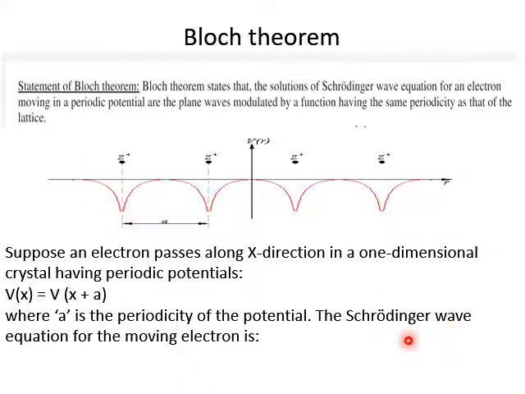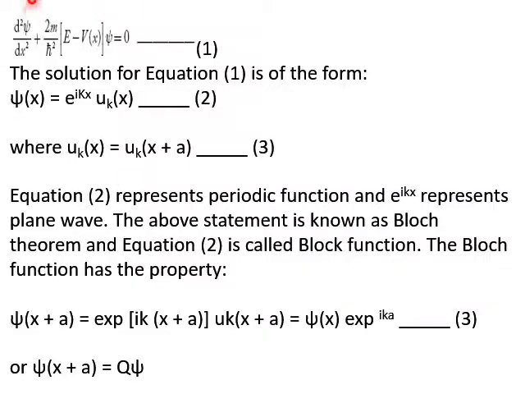Now the Schrodinger wave equation for a moving electron: the electron is not going to change its energy with respect to time, so we use the time independent Schrodinger wave equation.